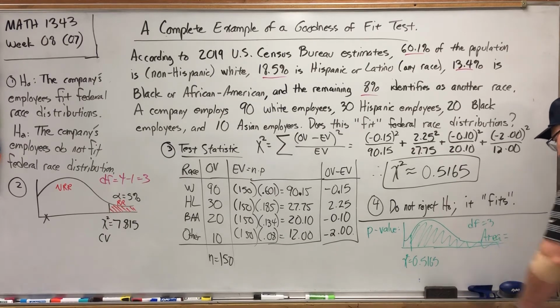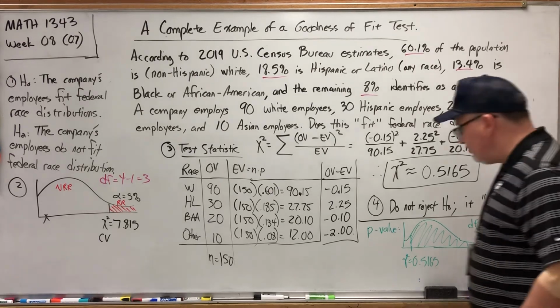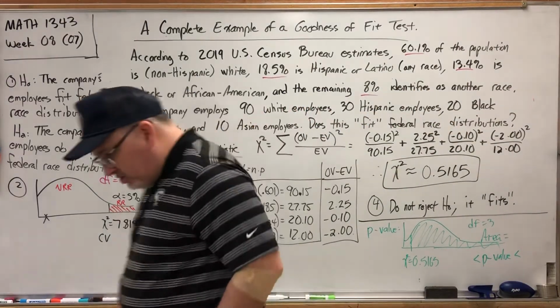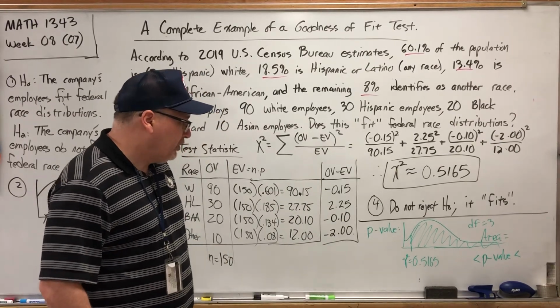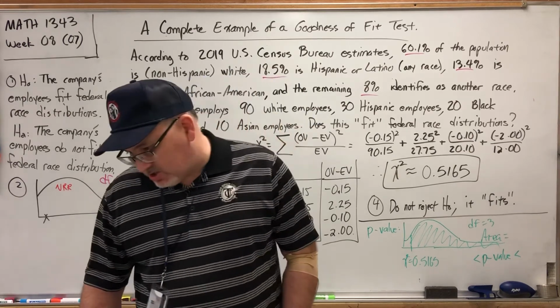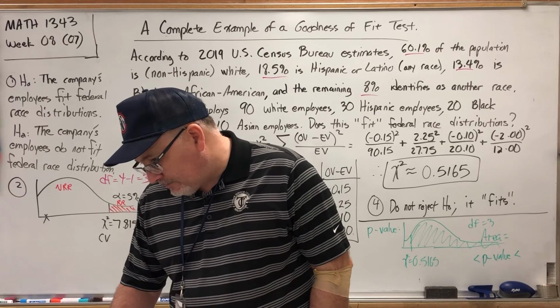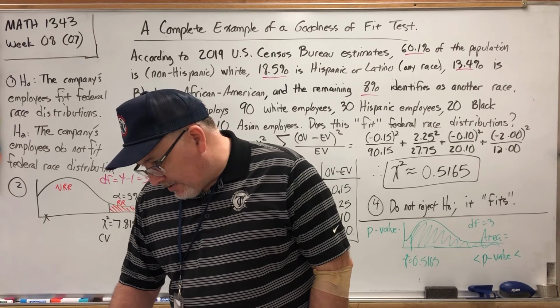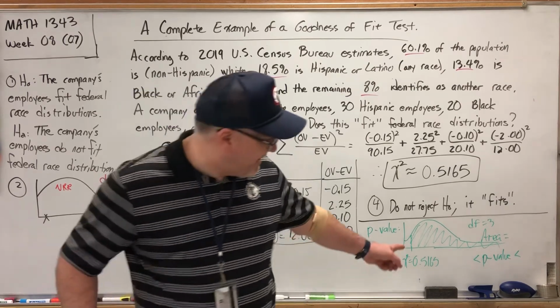That'll be the p-value. So we would go to our table and figure out the 2 areas that our p-value is in between. So I'm going to the third row in the chi-square distribution, and I'm looking for a chi-squared value of 0.5165. Going across, there is a chi-squared of 0.352, which is less than that.